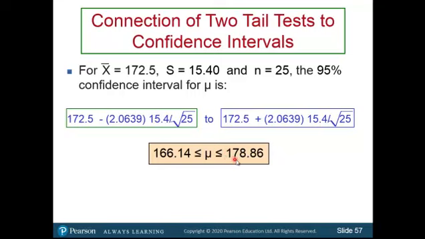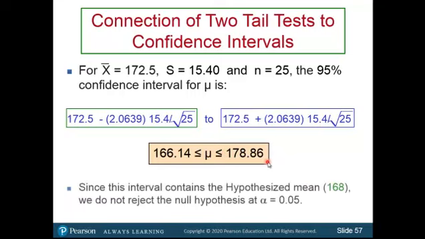So here we have the population mean mu greater than or equal to 166.14 but less than or equal to 178.86. Since the interval contains the hypothesized mean, and we hypothesize the population mean equal to 168, 168 is within this range. So our decision is not to reject the null hypothesis.